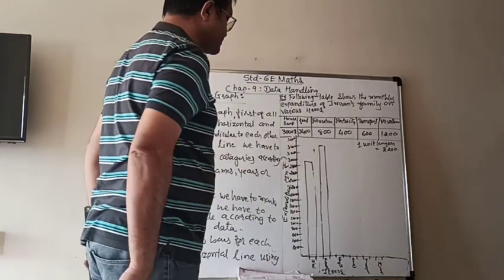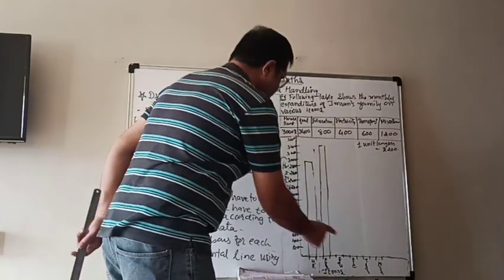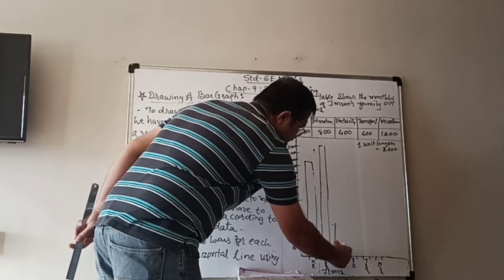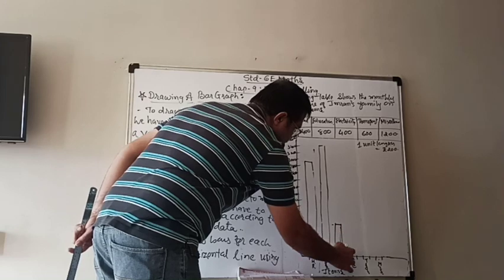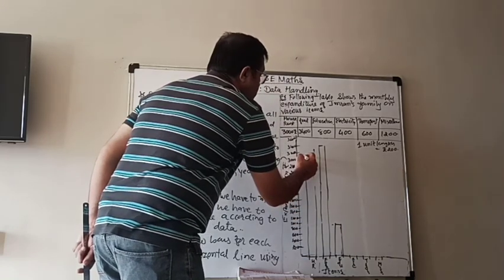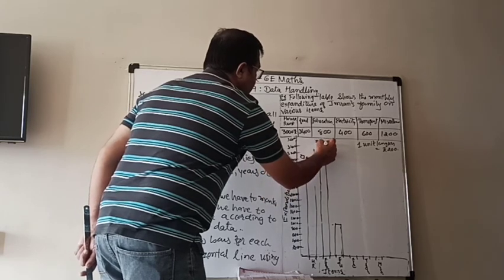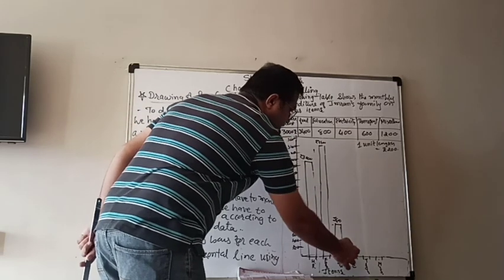Similarly, the next is education. Education has 800 rupees, so 800 is here. You put 800 and you can write down the amount here also. Take 3000 rupees, 3400, then 800, then next is 400.